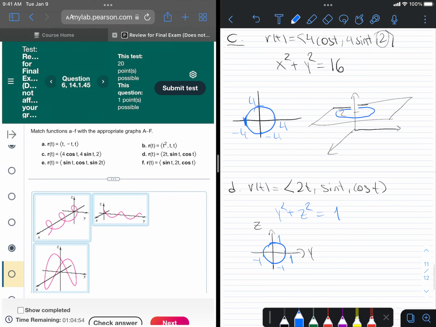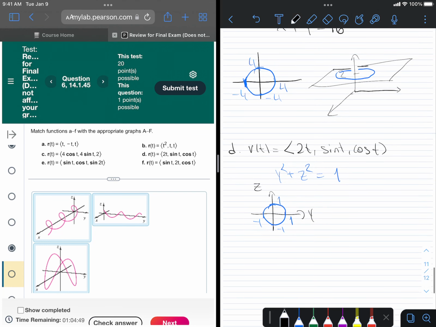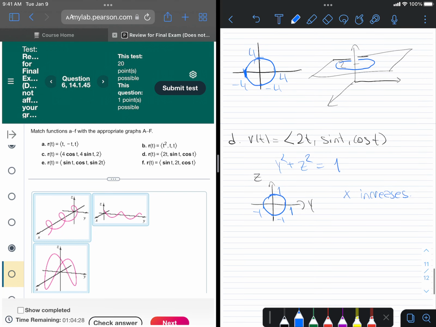That is in the yz plane, right? But you also see that the x coordinate is growing. So I have circles in the yz plane, and x growing in the positive direction as t grows.